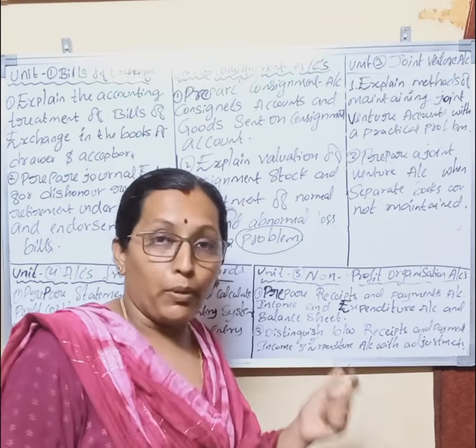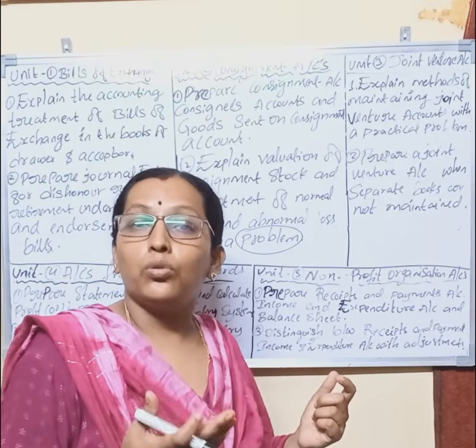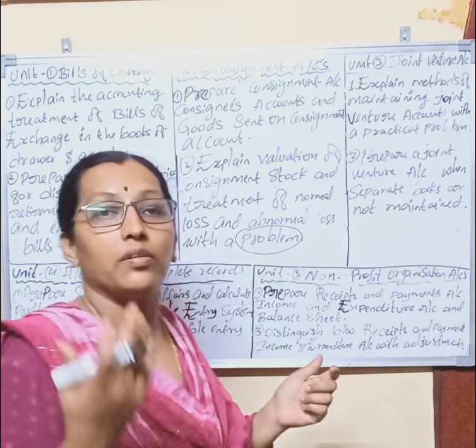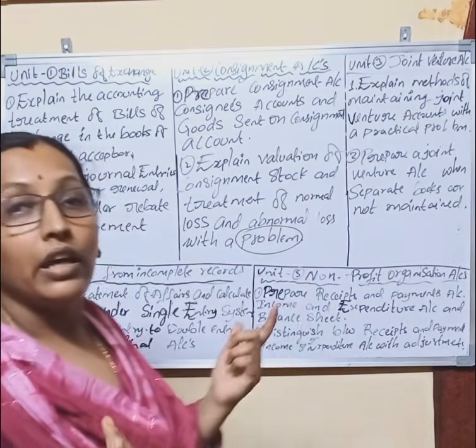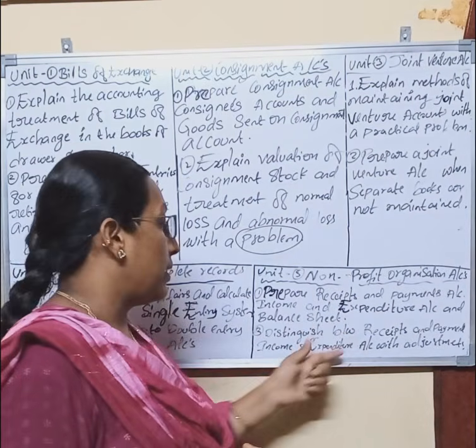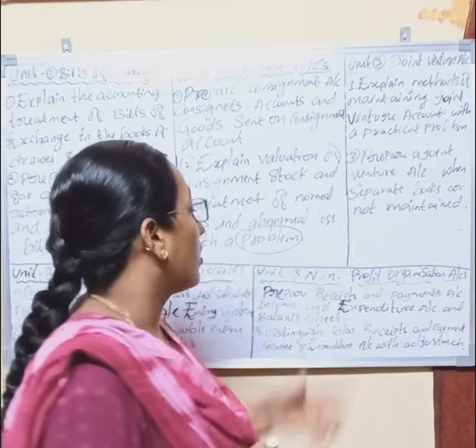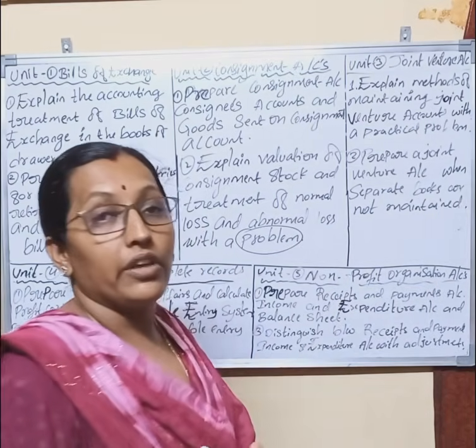Again I will upload one class which is going to be very easy for you for better understanding of the receipts and payments account and income and expenditure account. And distinguish between the receipts and payments, income and expenditure account with adjustments. So this is all about the non-profit organization accounts.